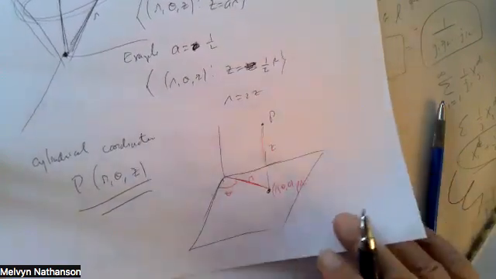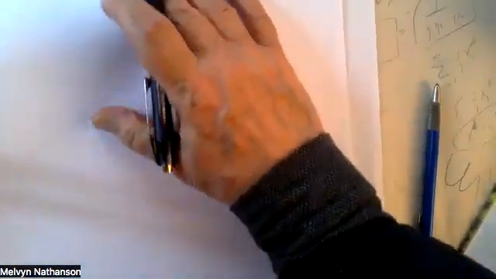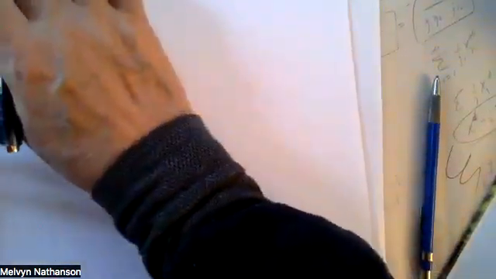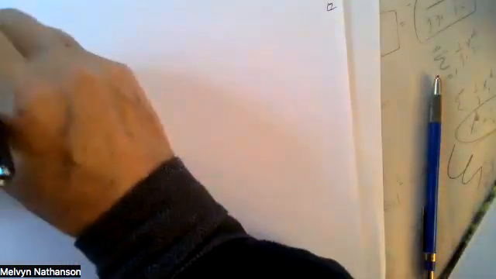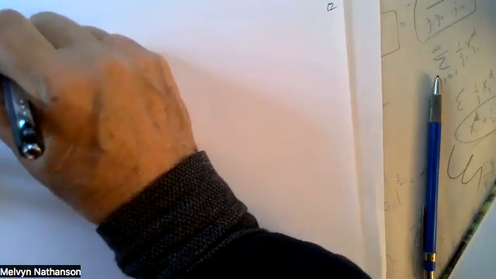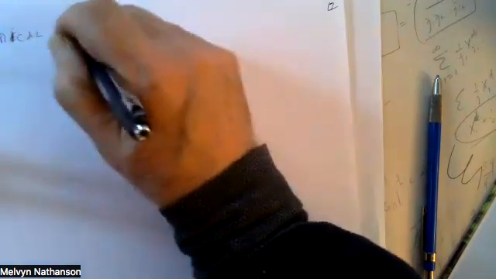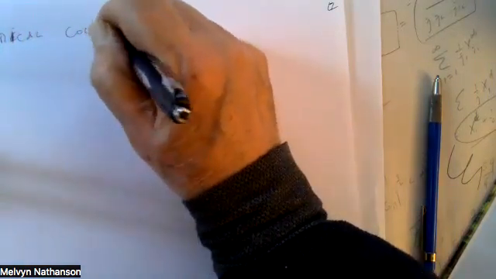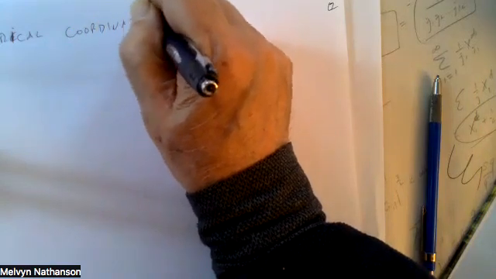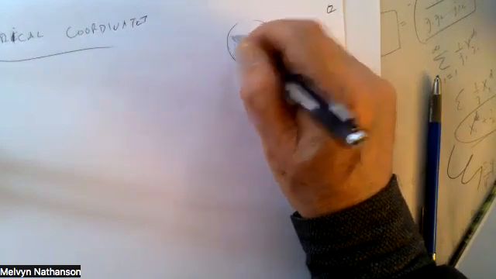Good. Next, we have spherical coordinates. Cylindrical coordinates are based on cylinders. Spherical coordinates are based on the geometry of a sphere.